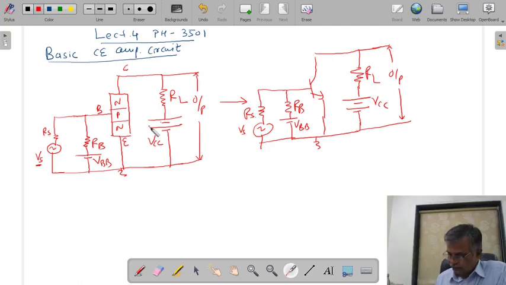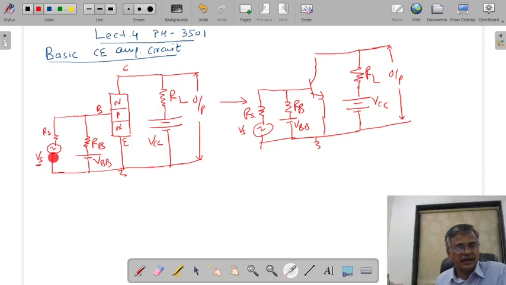Now I am discussing this circuit. Vs is the signal which is to be amplified with the help of the transistor and associated circuit. You can say it is the output of a microphone.